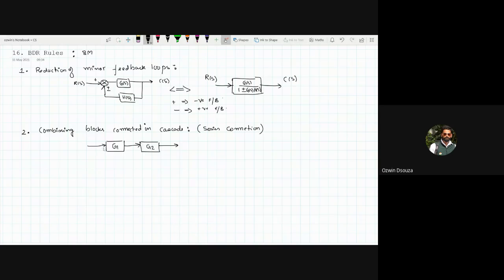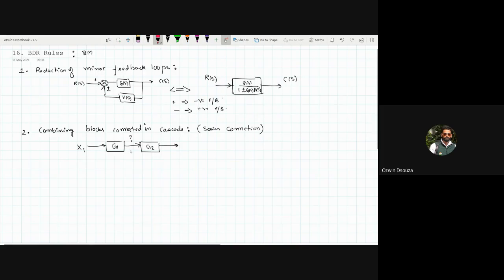Let's say the input signal to this block is some X1. So what is the output signal of block 2? Input signal into block transfer function. Where I have placed the question mark, you are supposed to write the expression for the output signal.